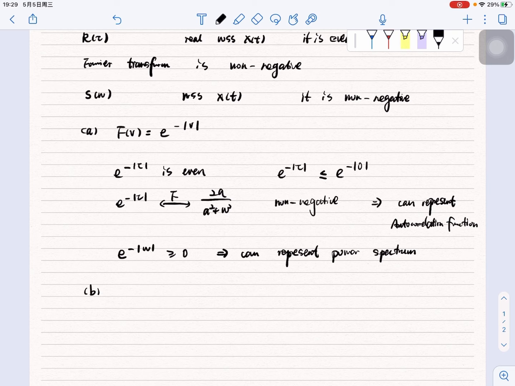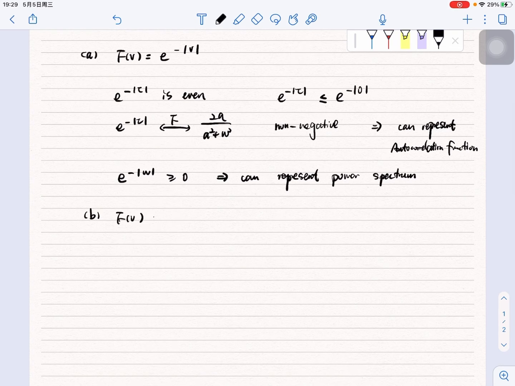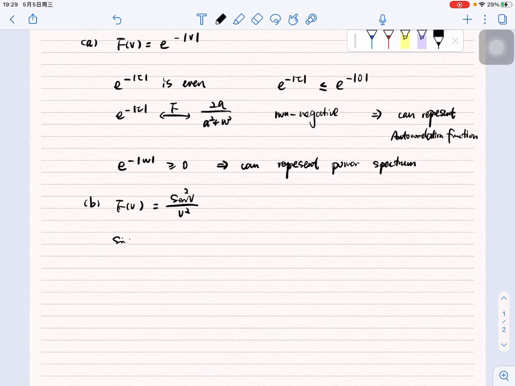Question B, we have the function f(v) equals sine v squared over v squared. We know that sine tau squared over tau squared is even, and sine tau squared over tau squared is less than or equal to its limit as tau approaches 0.